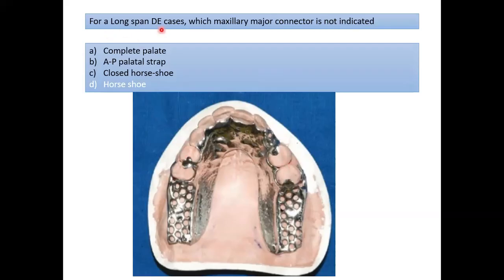And also in this condition, when you are having a long span distal extension case, the extension will be from canine to canine only, or from first premolar to first premolar, so the patient will be missing the second premolar and molars.